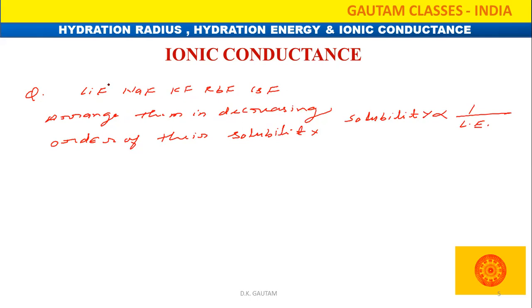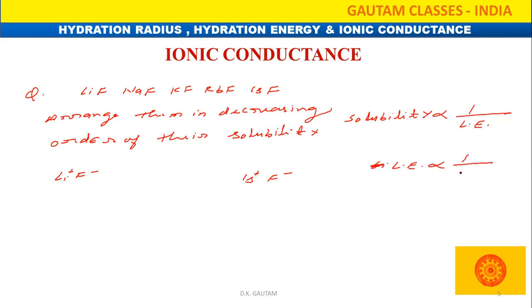Look here, the distance between cation and anion, when we write for lithium plus and fluoride ion, and here cesium plus and fluoride ion. The distance between cation and anion is lowest in the case of lithium and fluoride ion, but here it is maximum. And that decides the lattice energy.